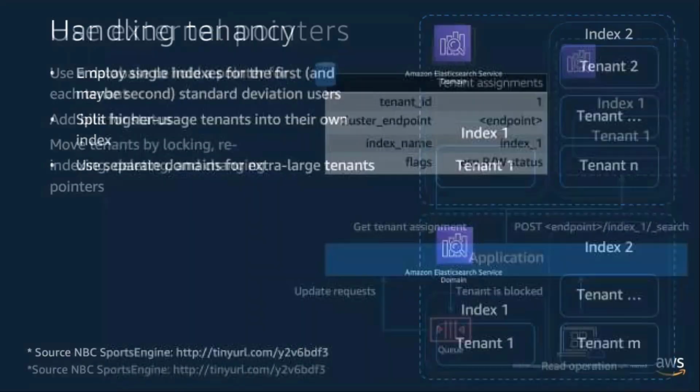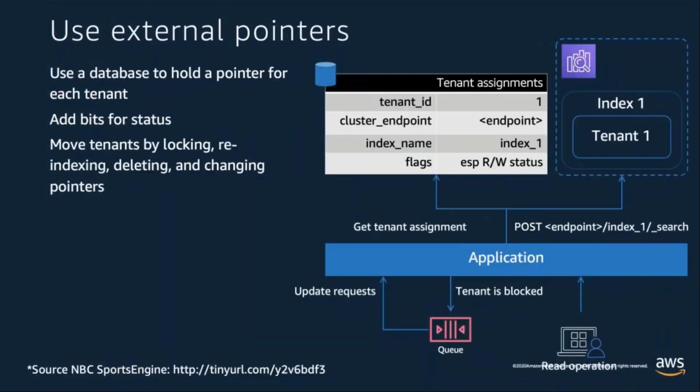So in order to manage this, the best practice is to maintain a mapping of tenants to domains and indexes in a separate database. This allows you to always pick up the tenant location before sending any request.